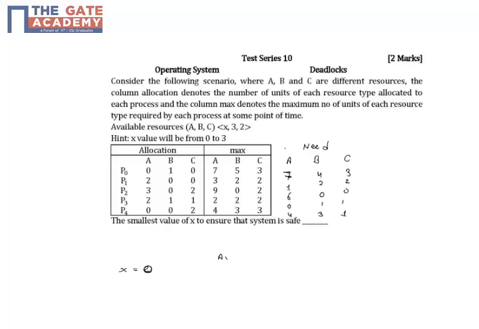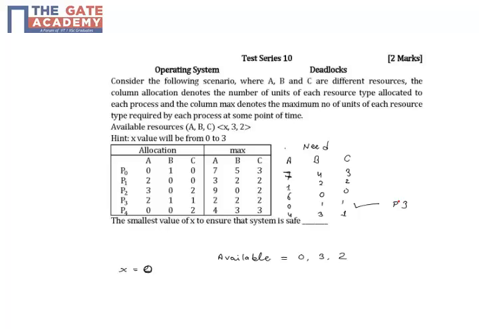That means my available is equal to 0, 3, 2. Now I'll see which process I can execute with this availability 0, 3, 2. We can understand that P3 has a need of 0, 1, 1, which is less than 0, 3, 2, so I can execute P3.